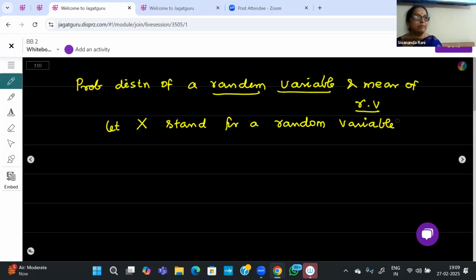Based on that, we'll name it capital X. Remember, capital X stands for a random variable usually, but what does random variable denote? What does the terminology mean to you? Random variable means, what is the job of the random variable? What does it do?